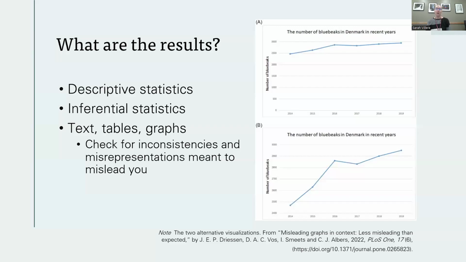And then the graph at the bottom has a y-axis that starts 2 standard deviations below the mean. And so you can see how dramatic the truncated y-axis makes the data change look, when in actuality, the data itself may be telling a different story. So you as the reader want to see, how does the author present the data story, right? You should be able to understand what that story is and understand how it relates back to the research question.